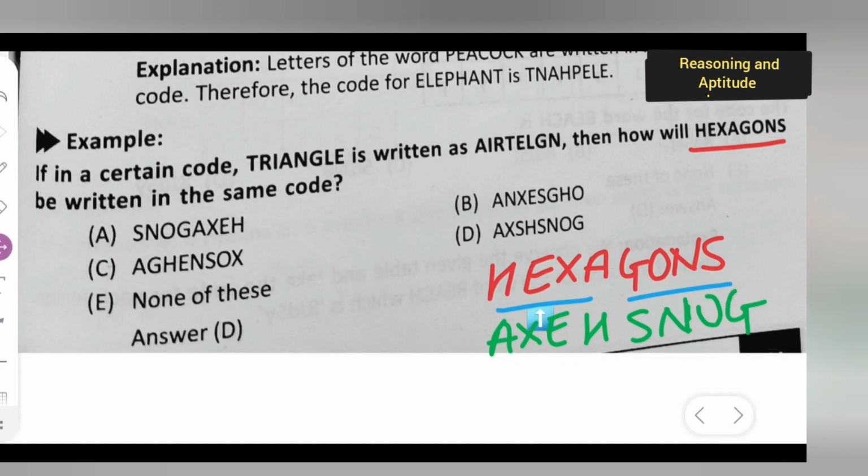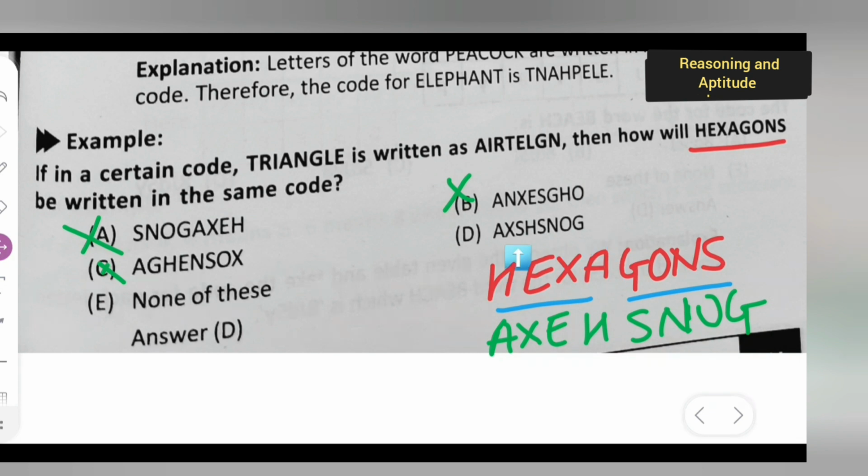See if you are all getting this. In option D you are getting AX, and then EHSNOG.